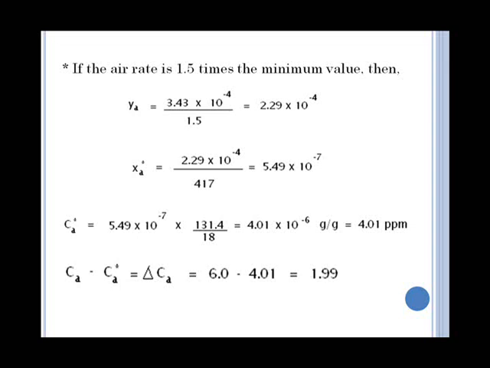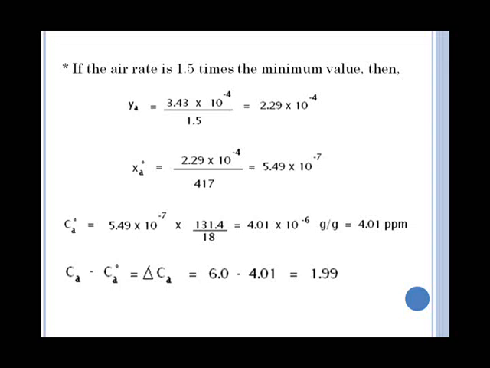We will convert XA star to parts per million, or gram over gram, and denote it as CA star. So 5.49 times 10 to the negative 7 times 131.4 divided by 18 is equal to 4.01 times 10 to the negative 6 gram per gram, or 4.01 parts per million.